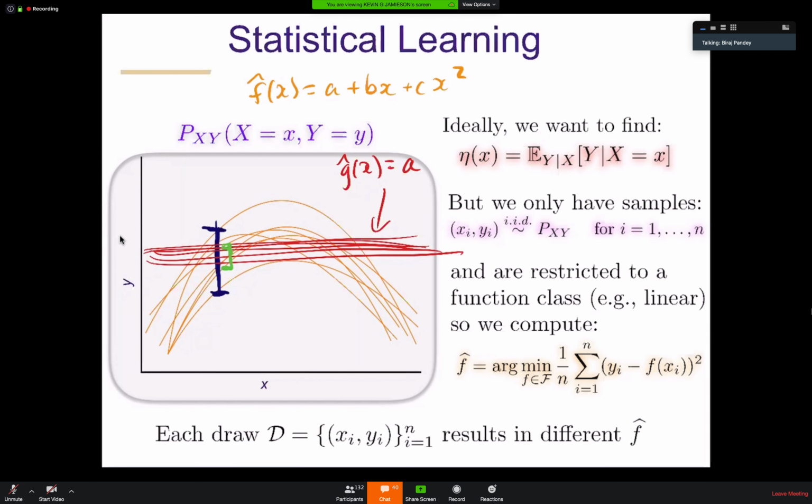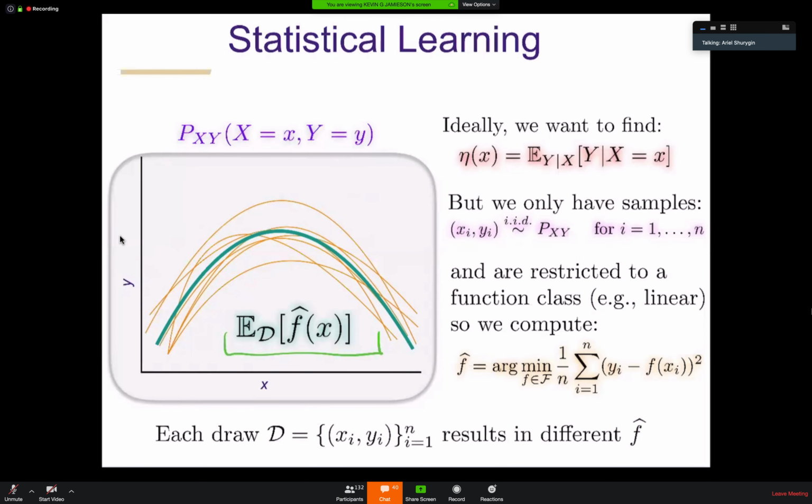Yeah. Okay. Ariel. I had a question about the expected value of f hat of x. You're saying this is a result of redrawing this predictor with different sets of data many, many times, and then taking the expected value of all of these different lines, right? That's exactly right. A single draw D is n draws from PXY, a data set.